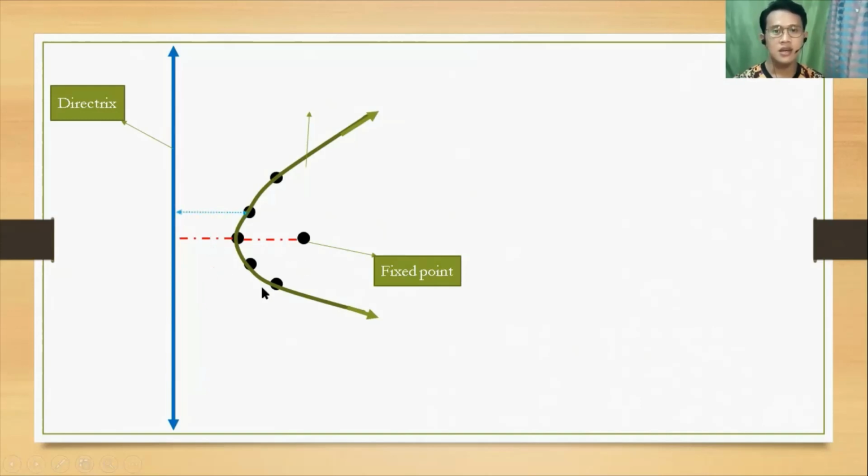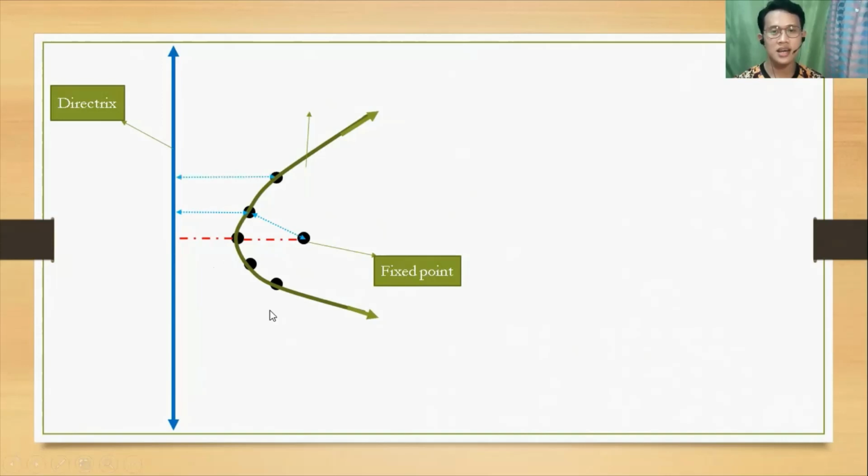Next. Same goes with the other points on the parabola. So from the fixed point to your vertex and from the directrix to your vertex, they are just equidistant to each other.